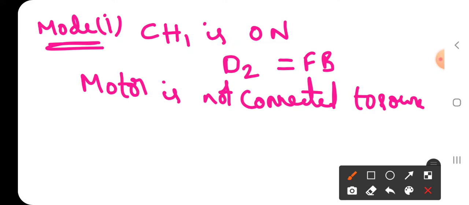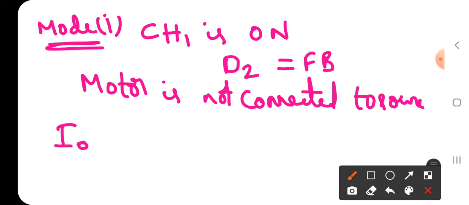Moreover, the direction of rotation of the motor is opposed by the torque produced by the motor. Then what happens to the output current?